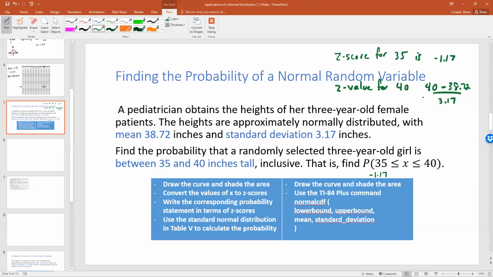Okay, so we get 0.4038 for our z-score, but if you think about it, you only need 2 decimal places to read the table, so I'm going to round that to 0.40.